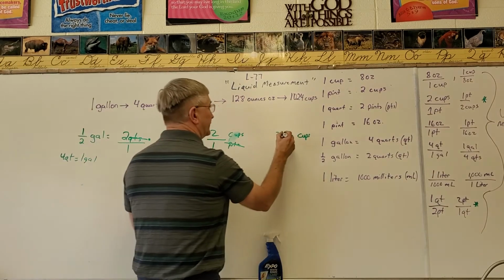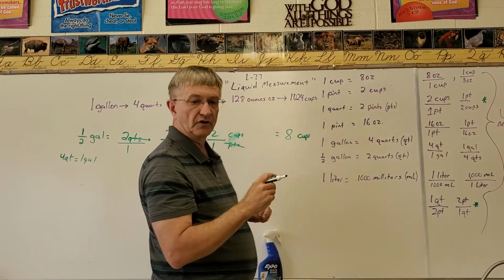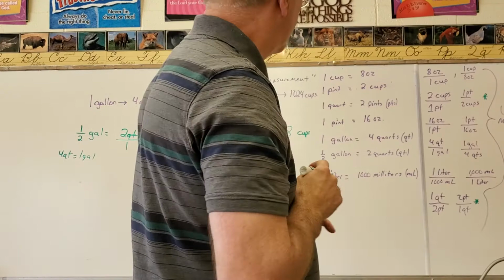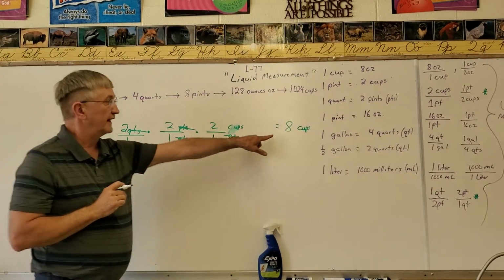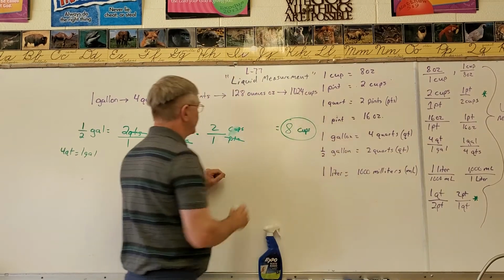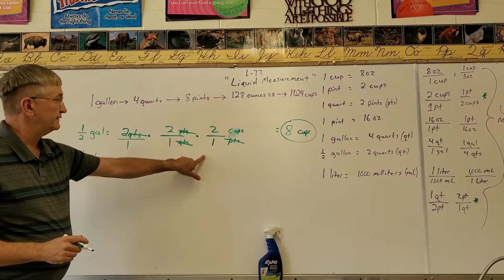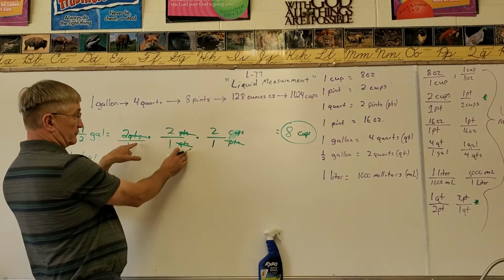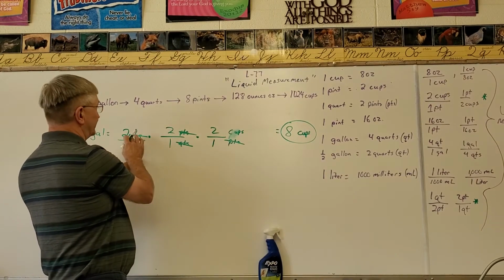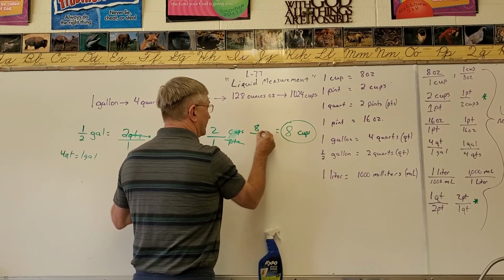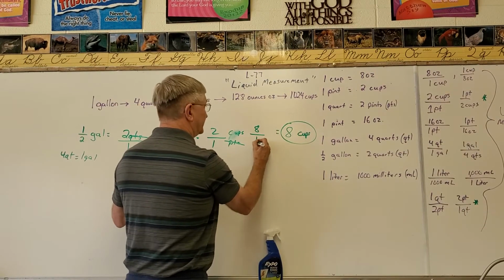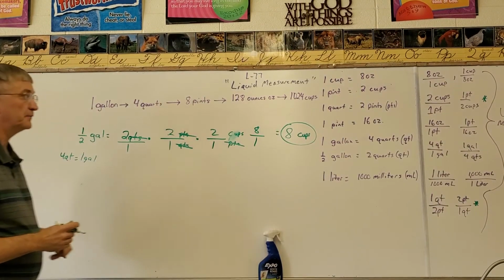So we have 8 cups. When they ask how many cups the half gallon will fill up, the final answer is 8 cups, because everything on the bottom is 1. So after cross canceling all my labels, I have 2 times 2 times 2 is 8 over 1, which equals 8 cups.